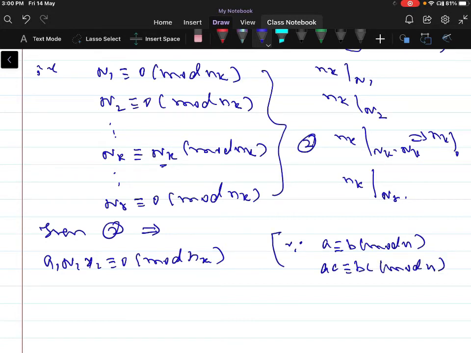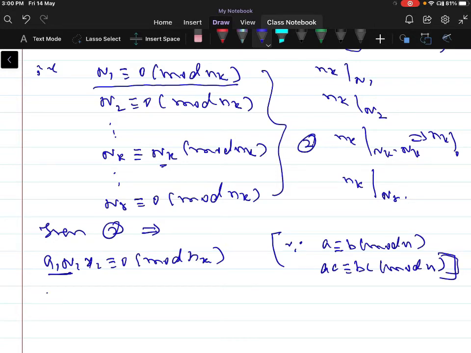Therefore, by using this property, since n1 is congruent to 0 modulo nk, we can write a1 x1 n1 is congruent to a1 x1 into 0, that is 0 only, modulo nk.